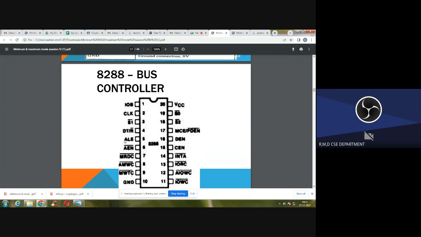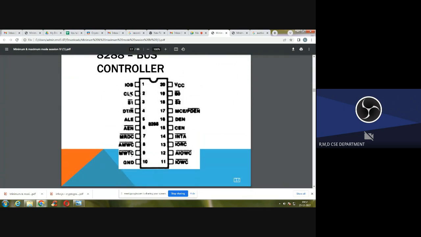Here we have the clock, then S0, S1, S2, DT/R, ALE, address enable, and the memory read operation, memory write cycle, IO read and IO write cycles, interrupt acknowledge, and data enable, and we have the status inputs S0, S1 and S2 plus the power supply. So these are all the 20 pin configurations.